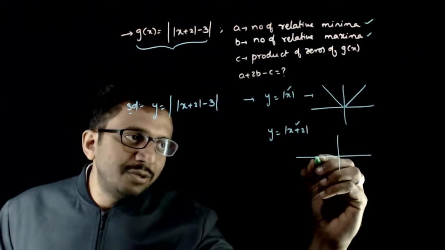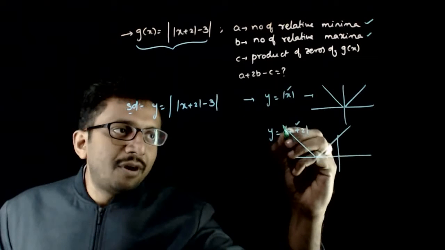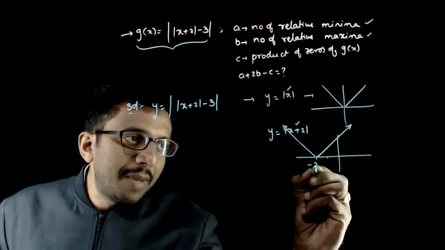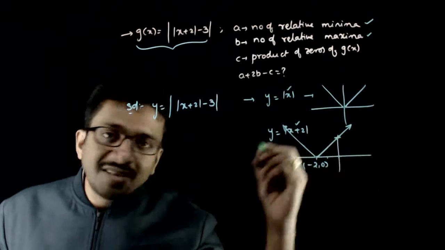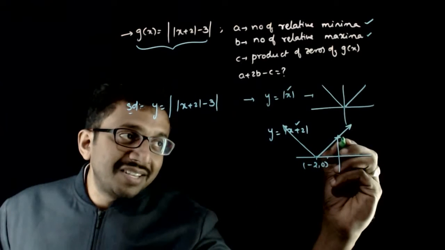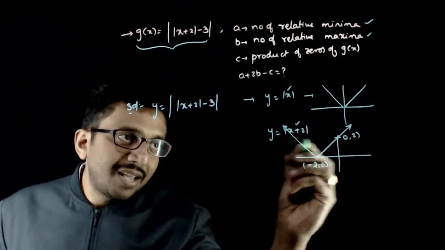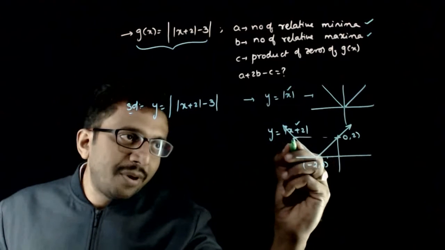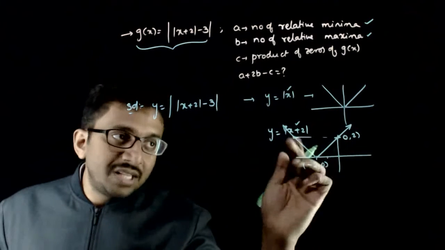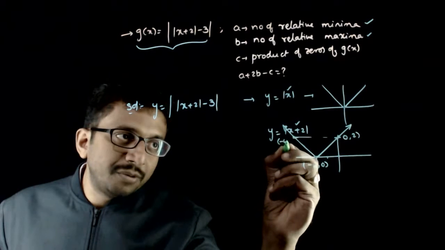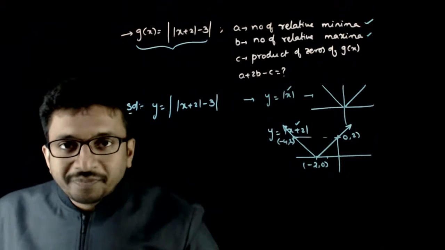This is minus 2 comma 0, and this is 0 comma 2, and if you take a parallel point, it will be 2 units backwards and 2 units upwards, minus 4 comma 2.